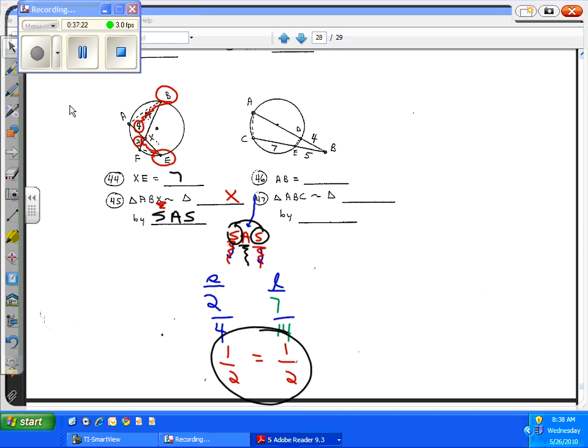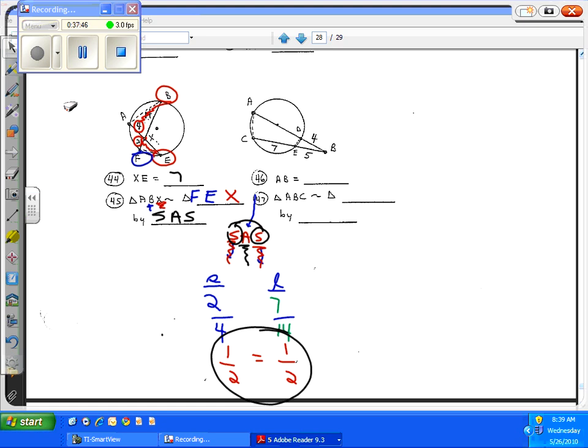The small of this one was the 2. Opposite it is E. The small of this one was the 4. Opposite it is B. So B goes with E. And B was in the middle, so E goes in the middle. We've got EX. The only thing left is F. So F goes there. So we named the similarity.